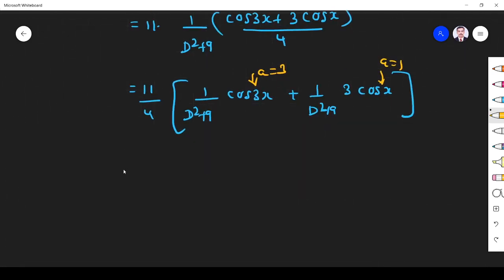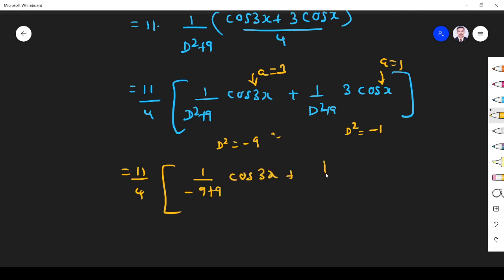We have to replace D squared by minus a squared. For a equal to 3, a squared is 9, so minus 9. Here replace D squared by minus 1. So 11 by 4, 1 by minus 9 plus 9 cos 3x plus 1 by minus 1 plus 9, 3 cos x.